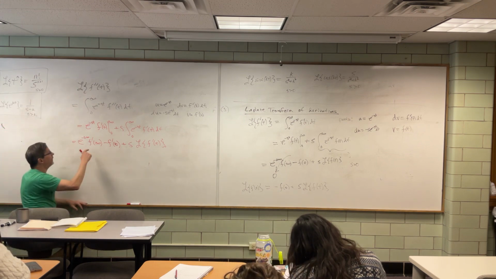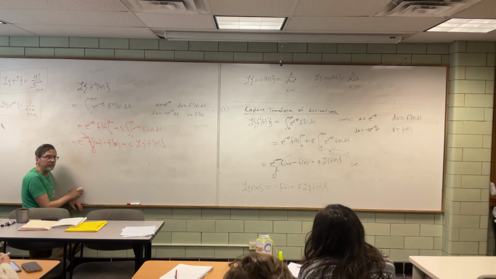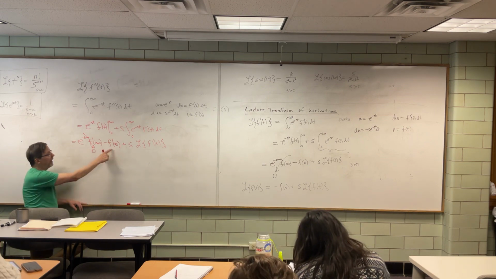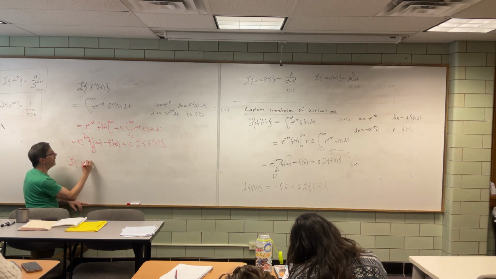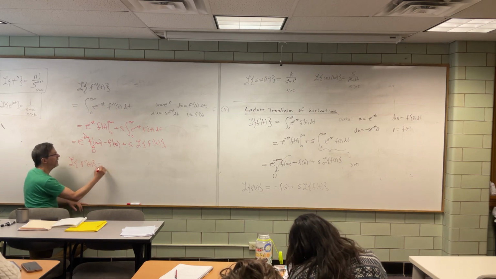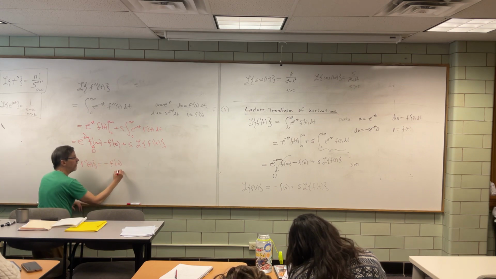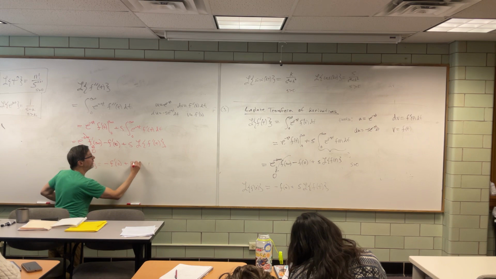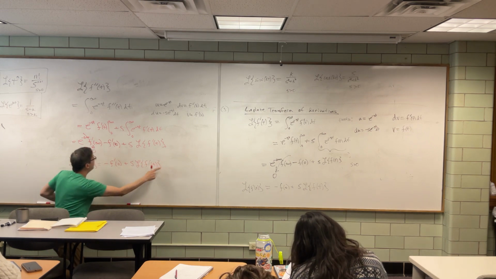Let's clean this all up. Again, not shockingly, this part dies. And we're left with the Laplace transform of f double prime of t is equal to negative f prime at 0 plus s times the Laplace transform of f prime of t, but we got a formula for that.